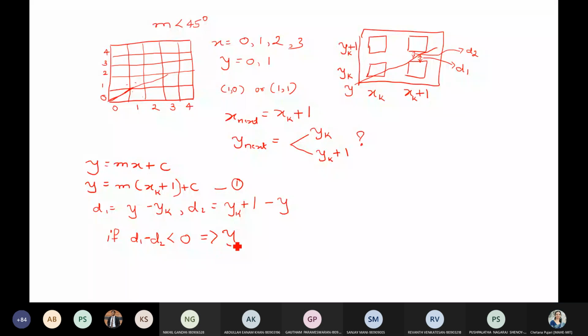When d1 is less than d2, which pixel will you select, yk plus 1 or yk? You are going to select yk, because yk is the nearest pixel to your line. Similarly, if d1 minus d2 is greater than or equal to 0, we are going to select yk plus 1.